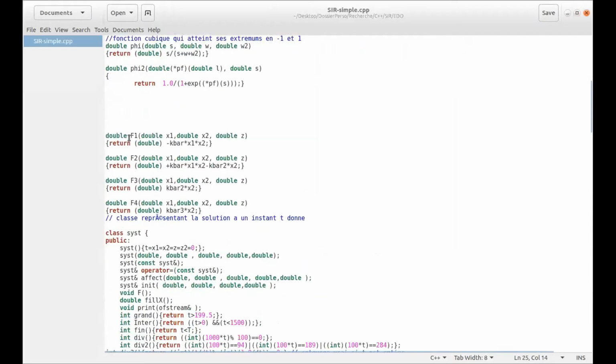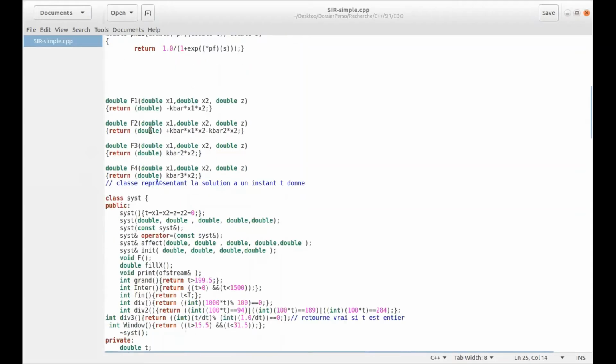And this is my function. So F1, F2, and F3 are the right hand side of my ODE, of my SIR model. You see here, minus K times S times I is the right hand side of my ODE, and the same for F2 and F3.